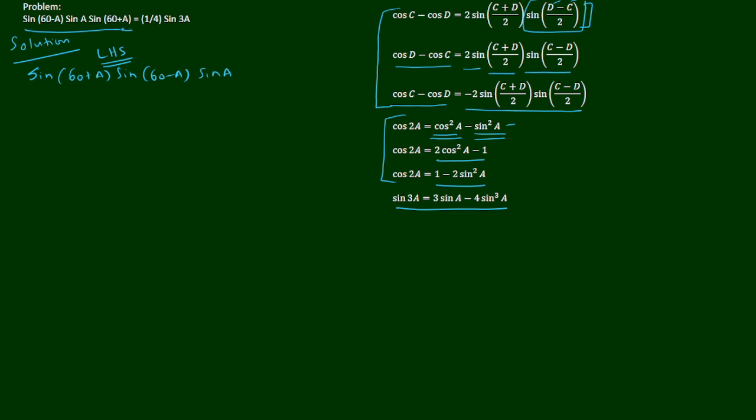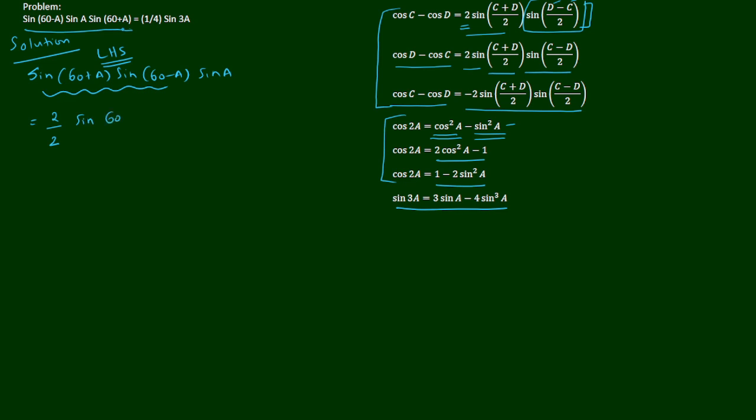This one looks like our formula that is shown there, sine c plus d by 2 and d minus c by 2, but here it should be written as a minus 60, and there should be a 2 that you have to introduce. So let's multiply by 2 and divide by 2.